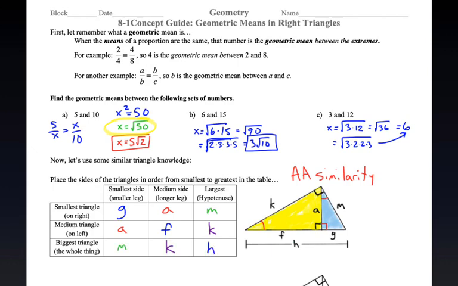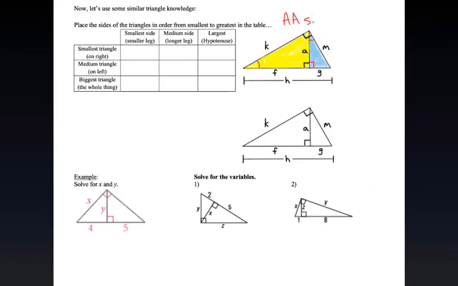Now, take a look at what just happened. These are similar triangles, so these sides all correspond in some way: the smallest side, the smallest side, the smallest side. Notice that A, M, and K show up twice.